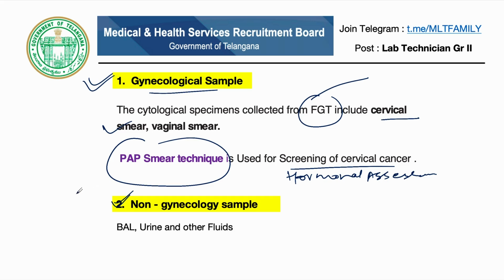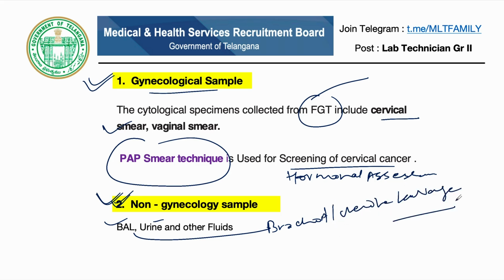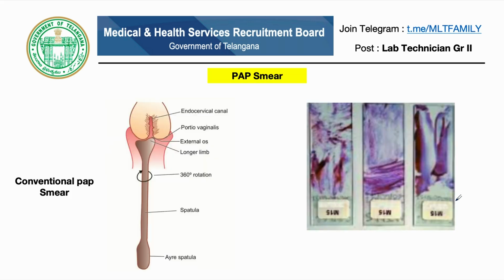The second kind of sample is non-gynecological samples, which include sputum, urine and other fluids, as well as bronchoalveolar lavage. So these two kinds of samples we basically deal with in exfoliative cytology.